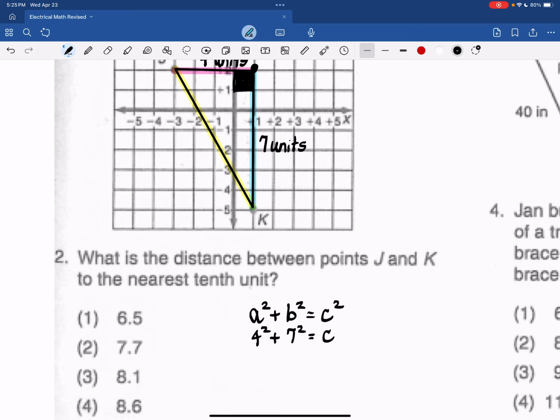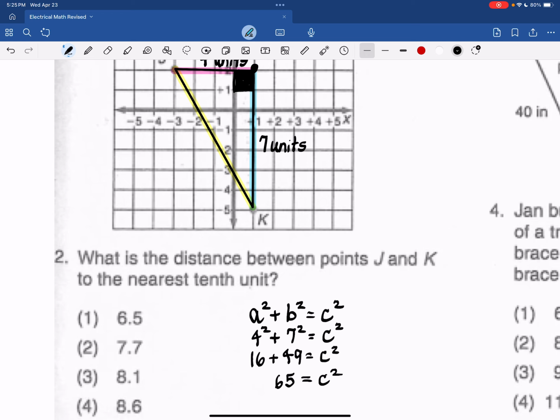And together those will tell me c squared. 4 fours are 16, 7 sevens are 49, and if I add those together, I'll get c squared. And that looks like 65. You just check it, because that's where I mess up.